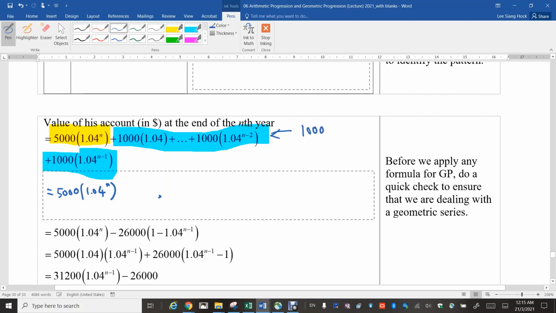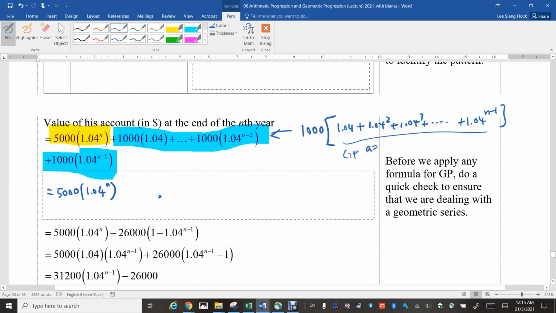It is 1,000 times, then you have 1.04 plus 1.04 squared plus 1.04 cubed, until 1.04 to the power of n minus 1. So what is this? This one is a GP.